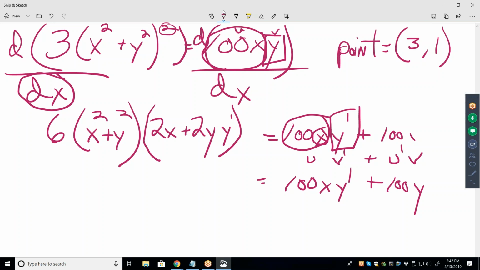Now, at this point, I'm not going to put you through the misery of this elementary algebra. Let me just write it like this.